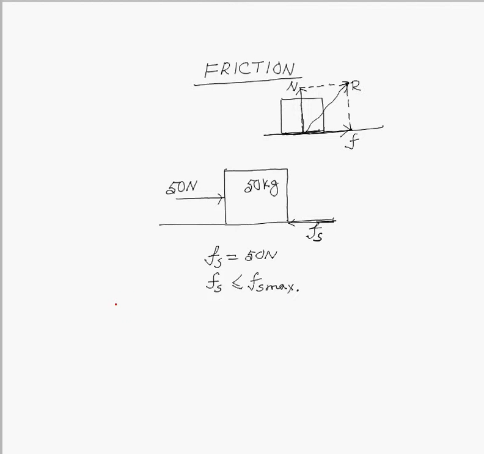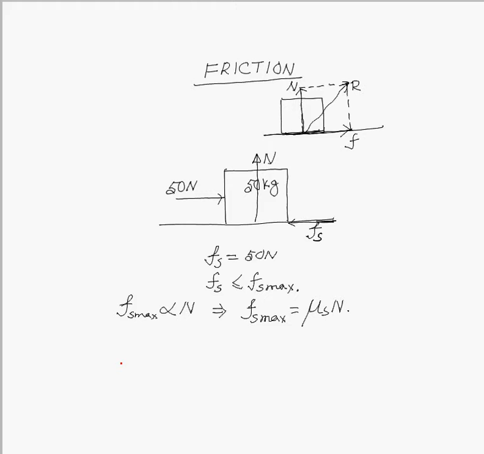This Fs max in turn is directly proportional to the normal reaction the surface exerts on the block. And the proportionality constant is what we call the coefficient of static friction, mu s.